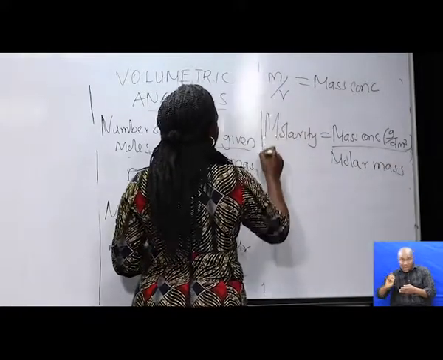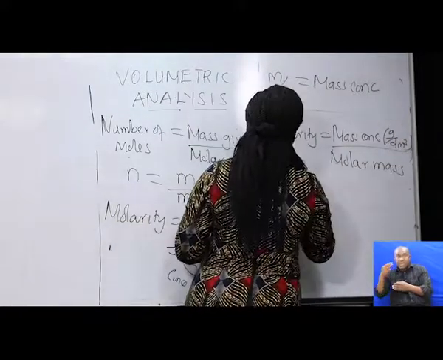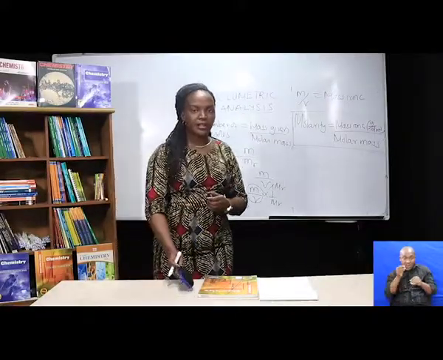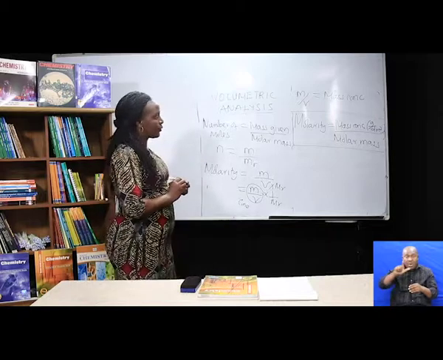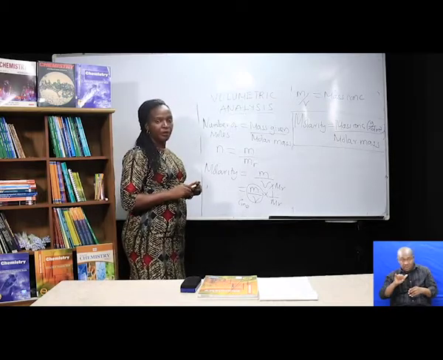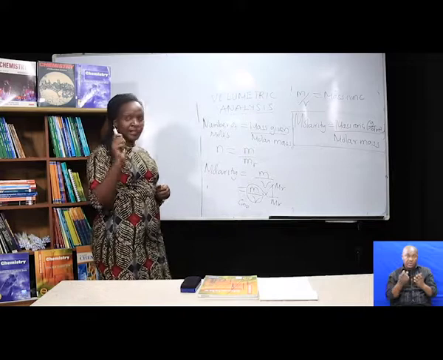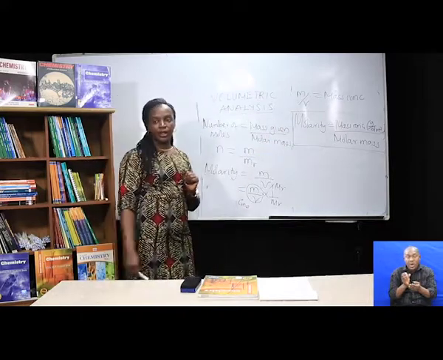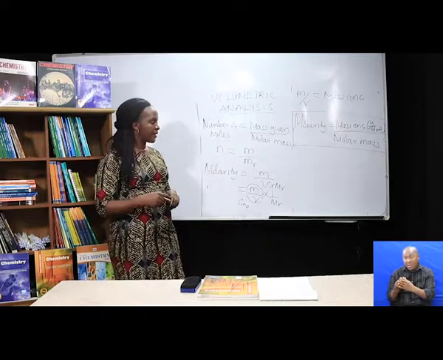This is also another formula for calculating the molarity of a given substance. You can apply it when you are given the concentration of a substance and the molar mass of that substance.